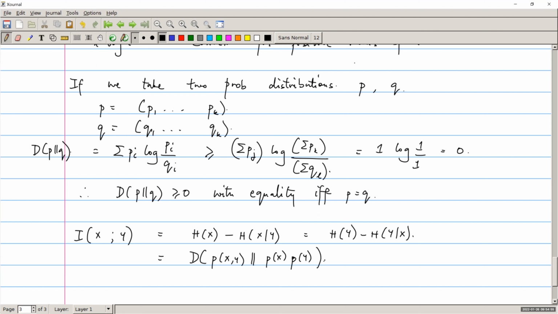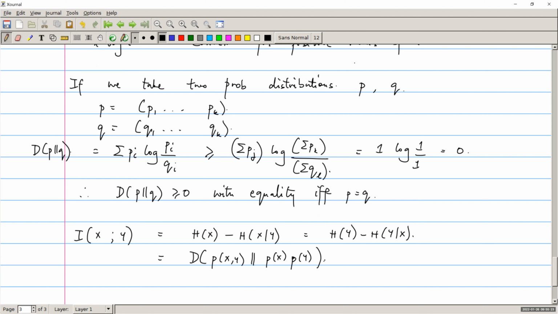In that alternate universe the distribution would have been probability of X times probability of Y, the product of the marginals. So the difference between the real distribution, the joint probability between XY, and the product of the marginals is the mutual information. It's how far away the joint distribution is from independence.